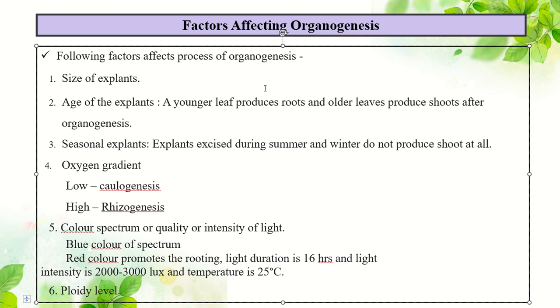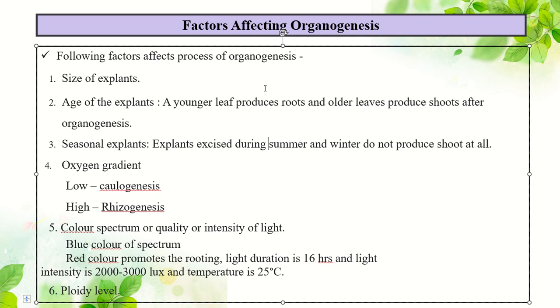So callogenesis is related with a low oxygen gradient, you can write. Rhizogenesis is related with a high oxygen gradient. So oxygen gradient high and low: low with callogenesis, and the other is rhizogenesis.